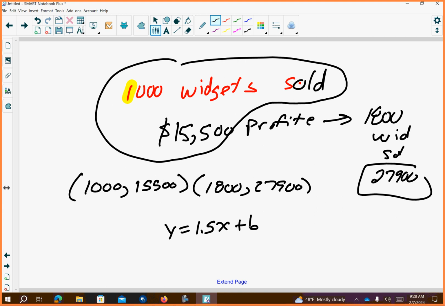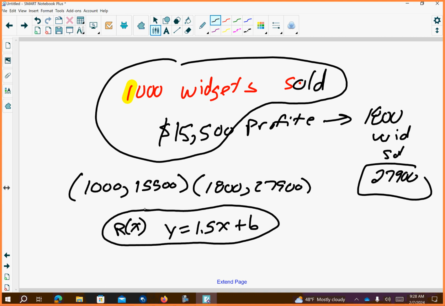So this is our revenue. R of x is this equation. Suppose the profit function is linear. The marginal cost is $5, and the profit is $200 when 125 units are sold.